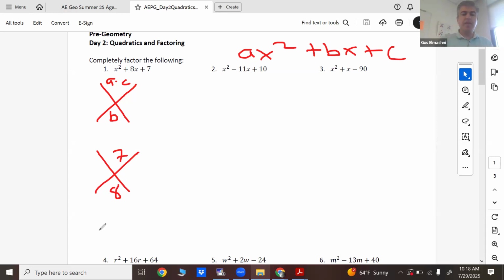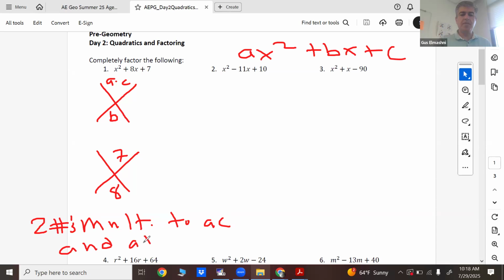Now what you have to do is find 2 numbers that multiply to AC and add to B. So what two numbers multiply to 7, add to 8? Go ahead, Jake. 7, 1. That's it. That's the only option I got.